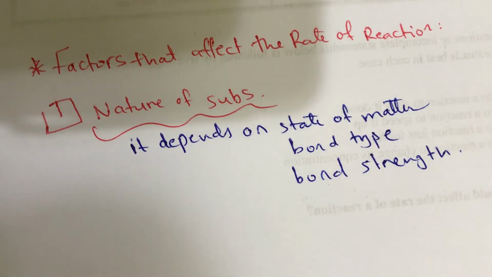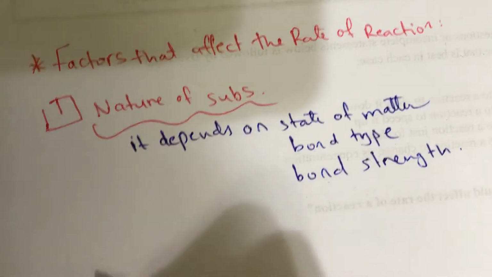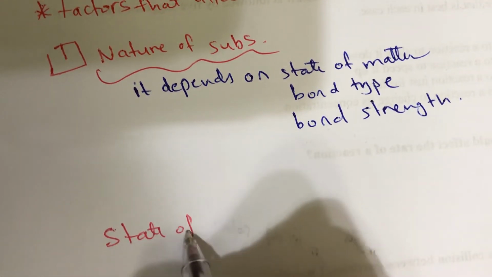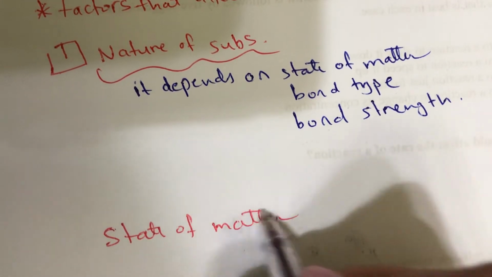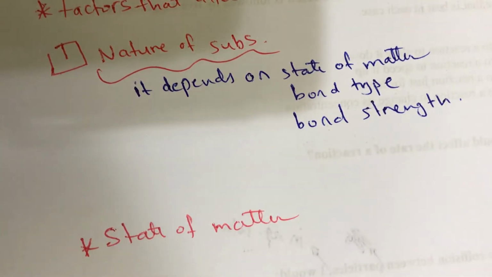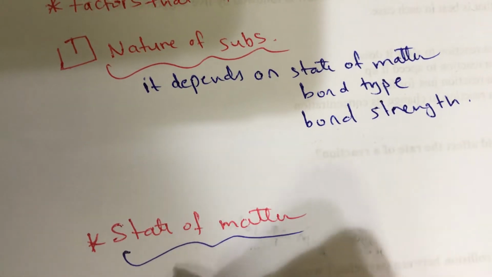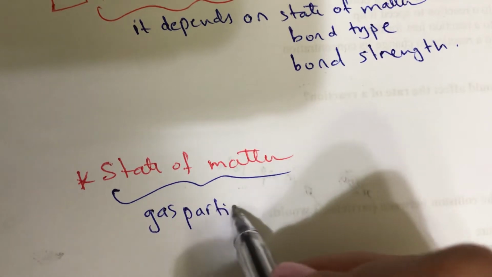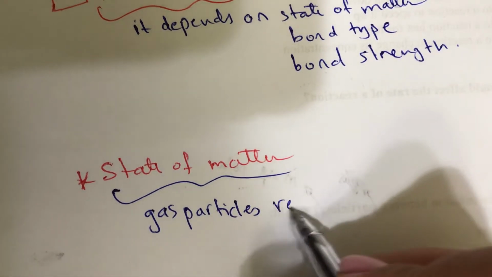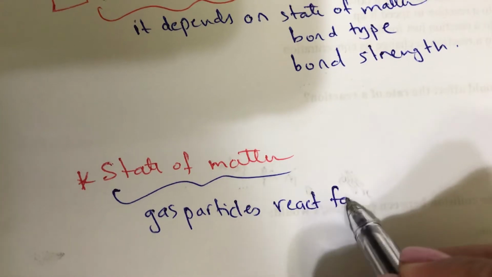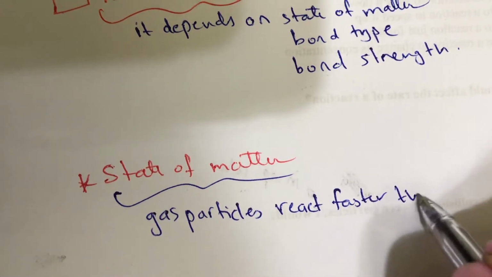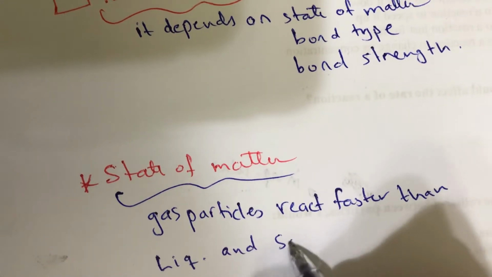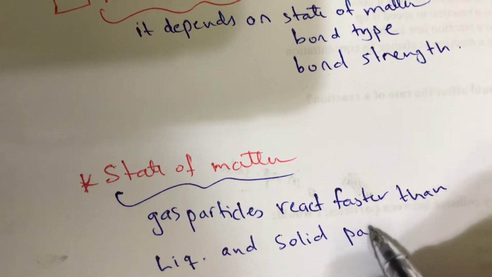So what about state of matter? How does state of matter affect the rate of reactions? So now, state of matter: gas particles react faster than liquid and solid particles.